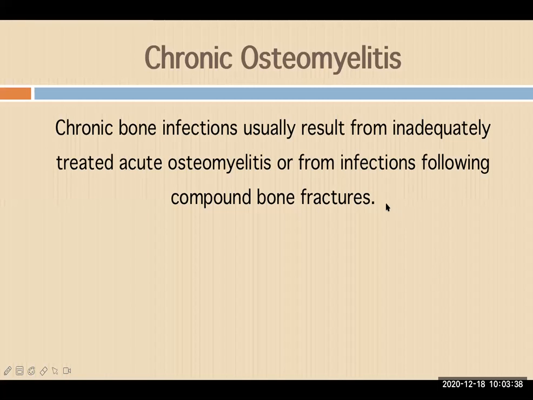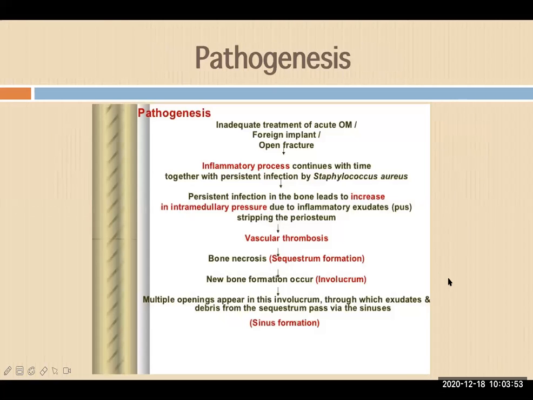According to the duration of the signs and symptoms, practically more than 2 weeks, and according to different literature, more than 3 weeks. So anyway, you can answer regarding chronic osteomyelitis. Now, please pay attention. This is a very important concept, and it will provide you a little bit of revision again. What is the pathogenesis of chronic osteomyelitis?